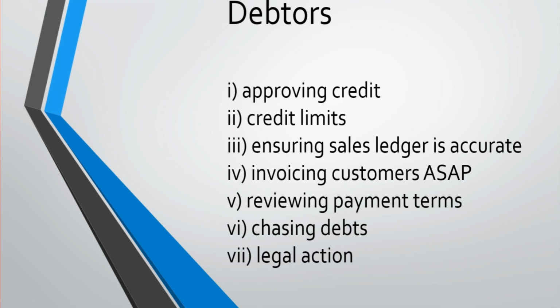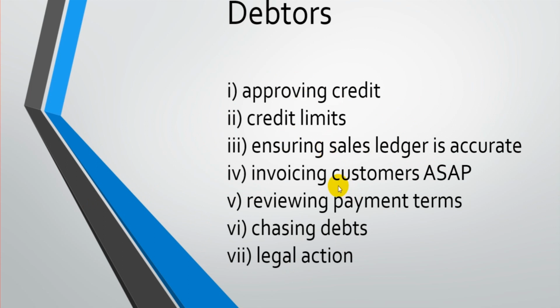And then legal action. If you have customers that aren't paying, have some sort of procedure in place to start legal action. Once again, some companies have this in place, but they don't take it seriously. To summarize all the points on this slide, it's credit control policies and procedures.